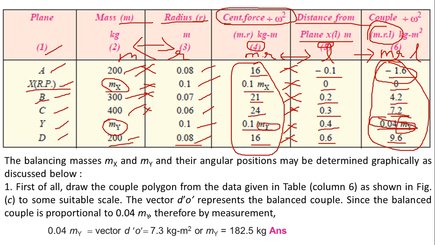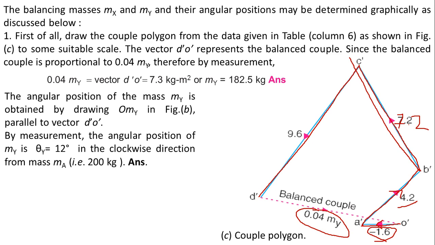So we get the value of D dash O dash as 7.3. If you take the exact scale, whatever you have taken for 7.2, 9.6, in that unit this value will be 7.3 something, and if you equate this 7.3 to 0.04 into my, you get the my value as 182.5 kg. So this will be the answer for my.